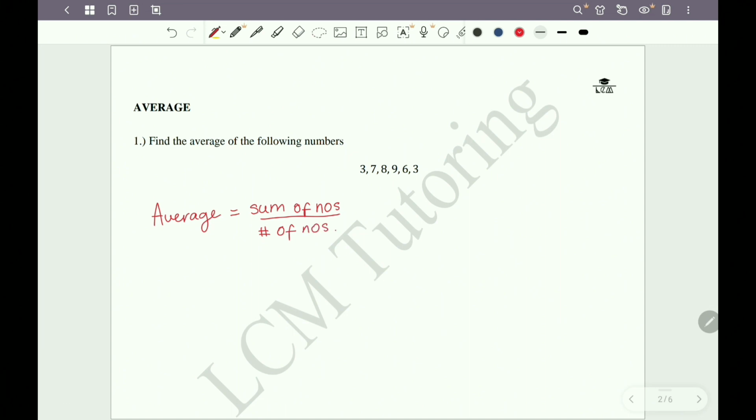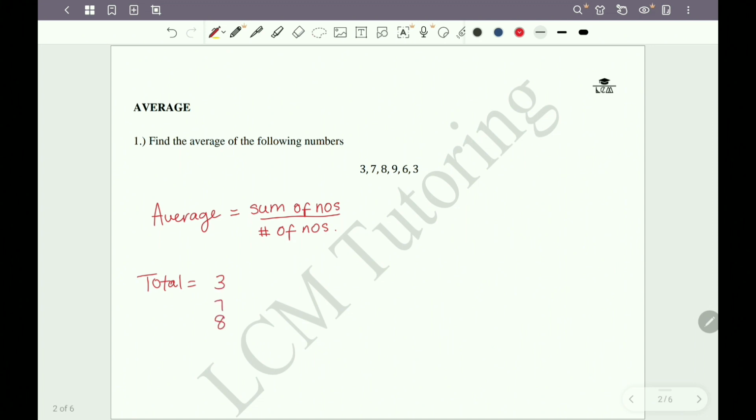Okay, so that means what we need to do is add all of the values in our set and then divide by how many values are in our set. So let's find the total first, or the sum, right? They are synonyms.